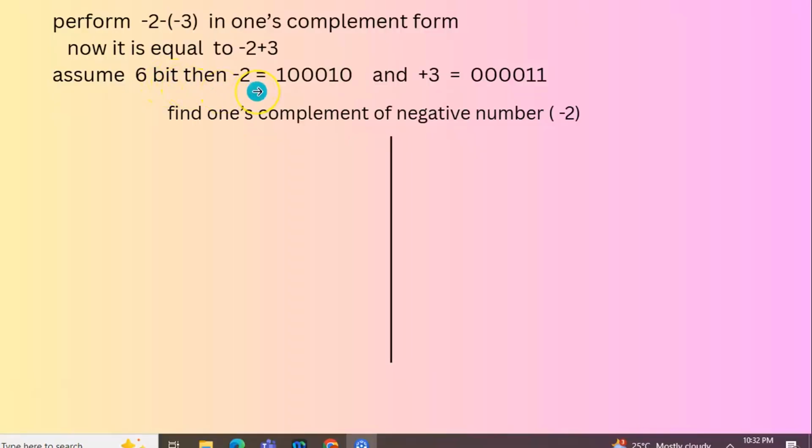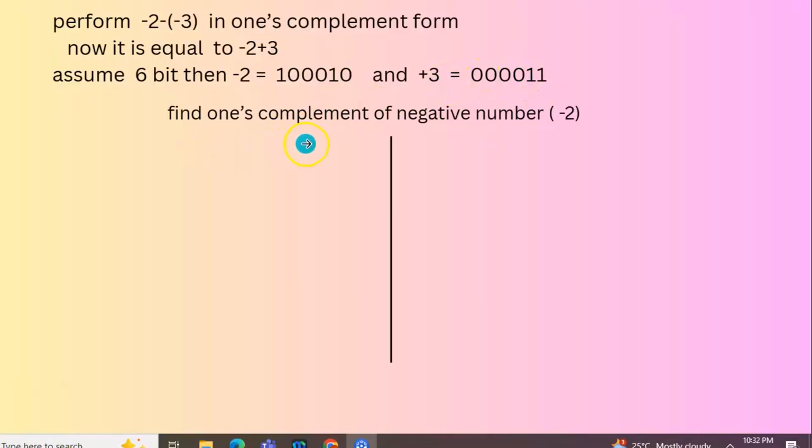Then minus 2 will be represented like this: the first bit 1 indicates it is a negative value, and the remaining bits represent the magnitude 2. And plus 3 will be represented like this: the first bit 0 indicates a positive number, and the remaining bits represent the magnitude 3.